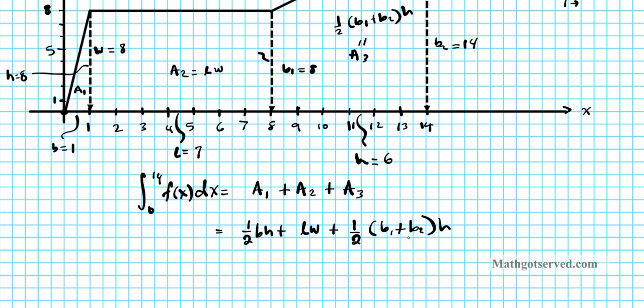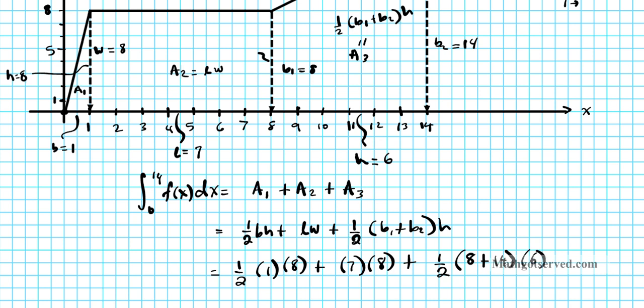Okay. All right, let's input our values into the formulas and compute what the integral is. It's going to be 1/2 times base 1 times the height of 8, plus in the second region the length 7 times the width 8, plus in the last one 1/2 times b1, which is 8, plus b2, which is 14, times the height, which is 6.